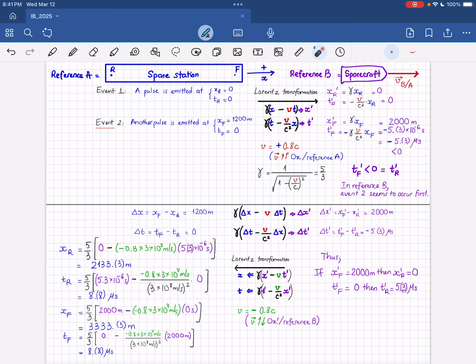So after much more exploration than just what the question asked, I tried to visualize everything here. Don't panic to see many things going on here. We will work through these together, okay? So here first, for the person who stays on the space station, they see that the light pulse from the R position, the rear of the space station, and the front, the F, happen at the same time, simultaneously.